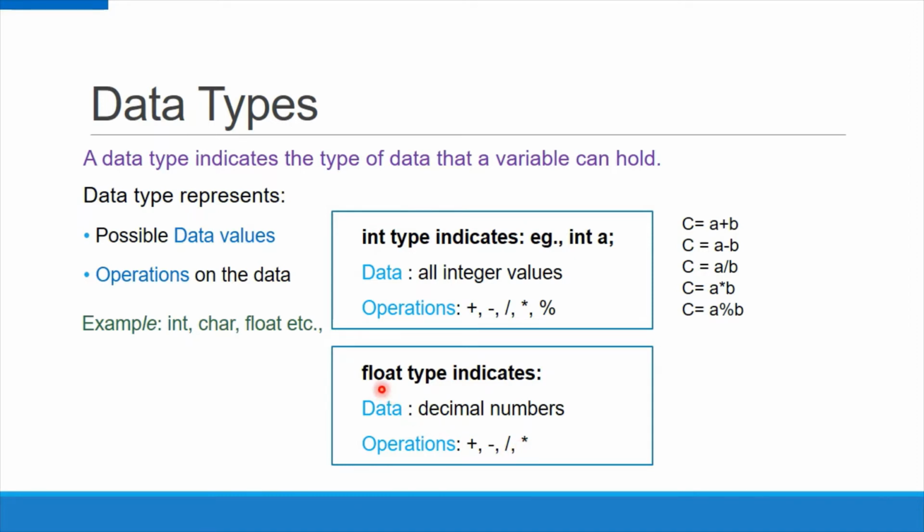But with this floating point data type, you cannot perform modulo operation. Modulo operation is possible with int data type but not with the floating point data type. Likewise, for each data type, operations and data values are defined already.